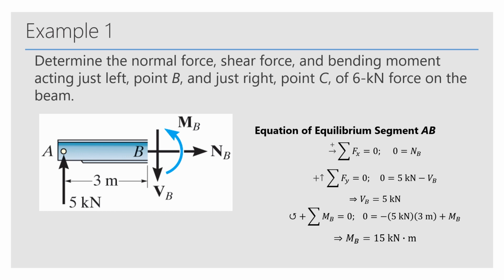And we find that VB has to be 5 kilonewtons in order to cancel out with that Ay, which is 5 kilonewtons. Then using the moment around B, we find that the moment at B is 15 kilonewton-meters.